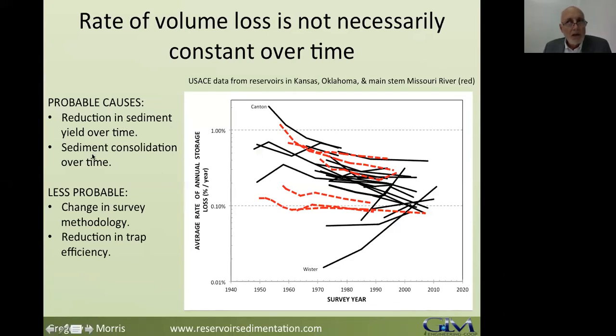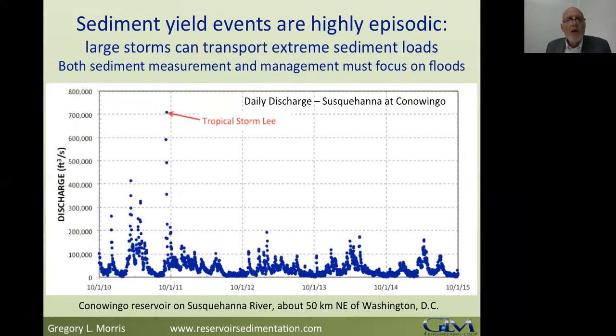Sediment consolidation over time may be another factor. It's probably not due to changes in survey methodology or reduction of trap efficiency, given the size of the reservoirs at present. But it does show the impact that soil conservation can have, but you also need to remember that soil conservation is a long-term process. You don't go out, treat a watershed, and see the results tomorrow.